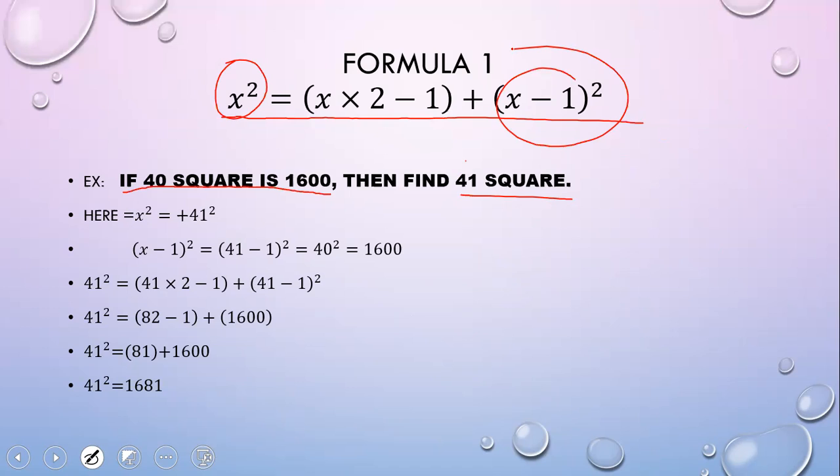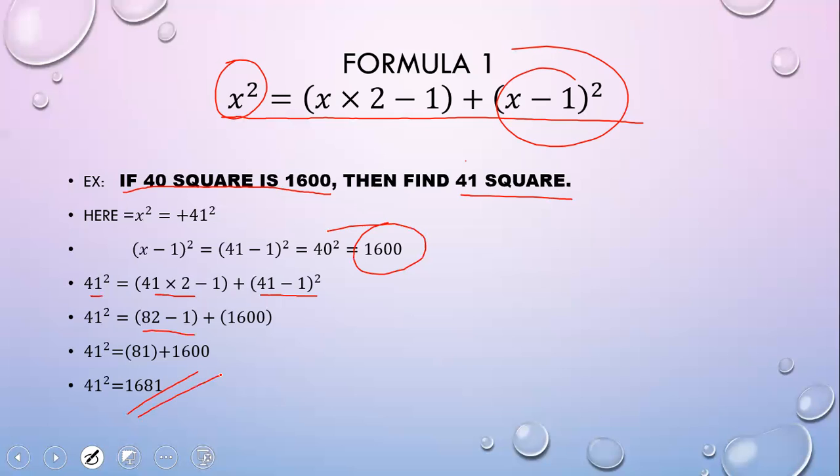So let's substitute the values. So the formula will be 41 square is equals to 41 into 2 minus 1 plus 41 minus 1 square. So 41 into 2 is 82 minus 1, and 41 minus 1 whole square is already given to us, that is 1600. So 82 minus 1 is 81 plus 1600, that gives us 1681.